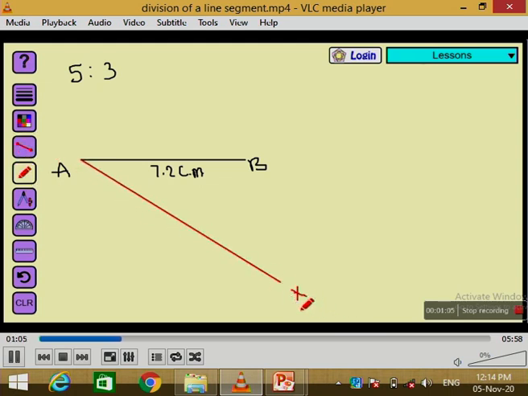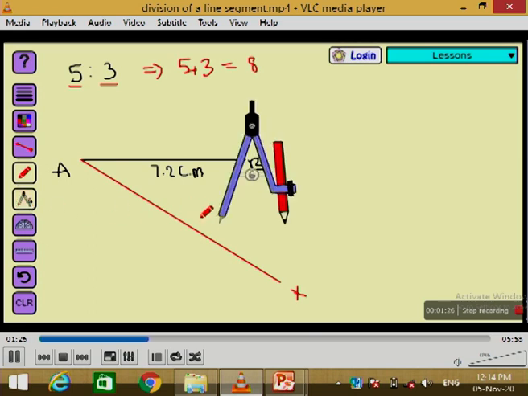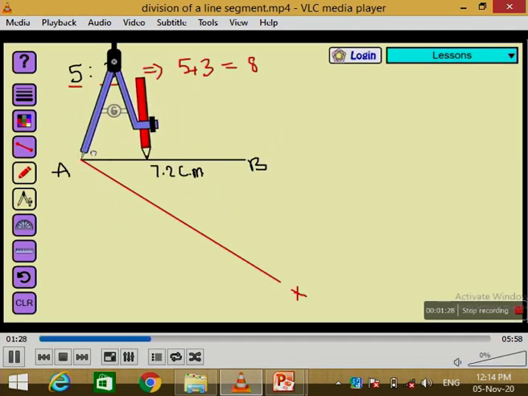Then it is to be divided into 8 equal parts. We can do this with the help of a compass.